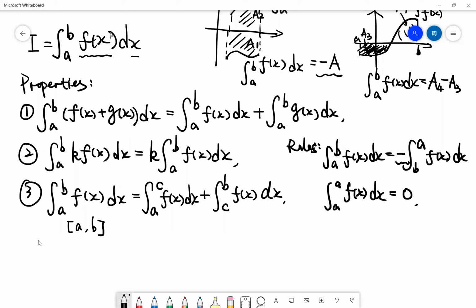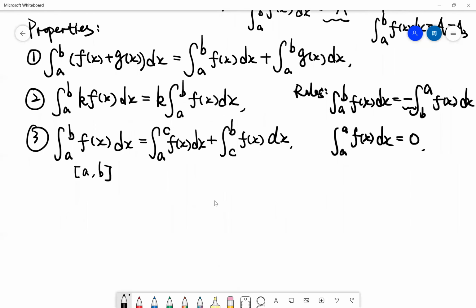And then there are two more properties you have to know. The first, I will write here number 4.